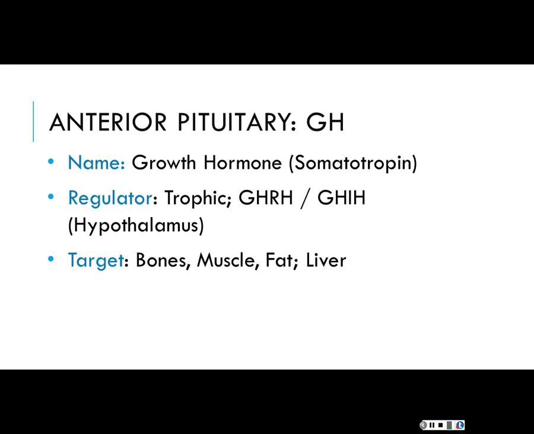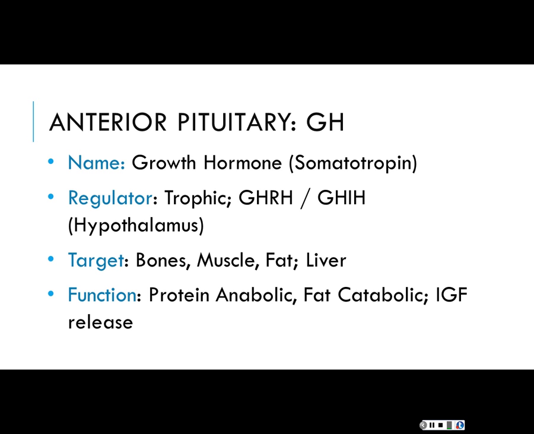We would say that is anabolic. On skeletal muscle, you would call it anabolic. Fat, you would call it catabolic. Very good. So you could say those are the functions. I'll address the liver in just a moment. You would say it's protein anabolic at the muscle, and also anabolic at your bones. Fat catabolic.